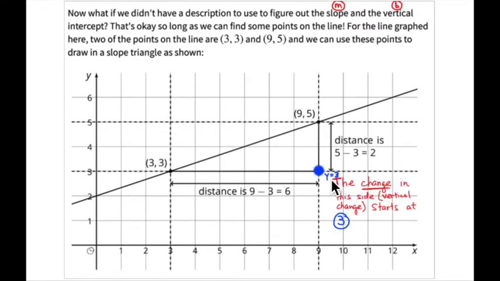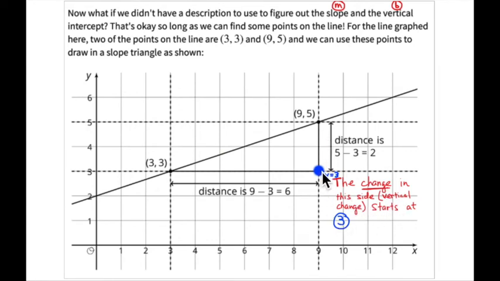Well, start here. So you're going to measure the change in y, as you're going to start at y equals 3. So you go out here to 9, and you go up 3 units. So this is going to be the start of this side of the slope triangle right here. So the change in this side, the vertical change, starts at 3.